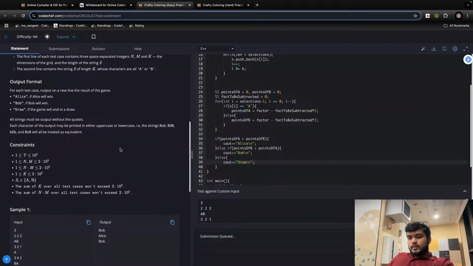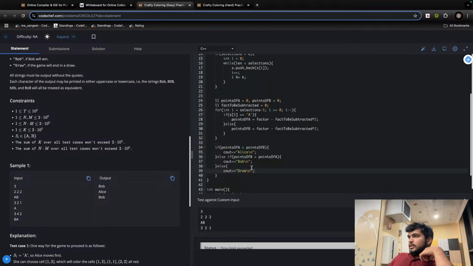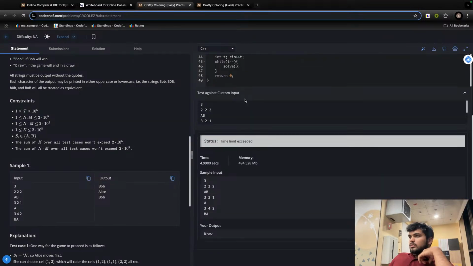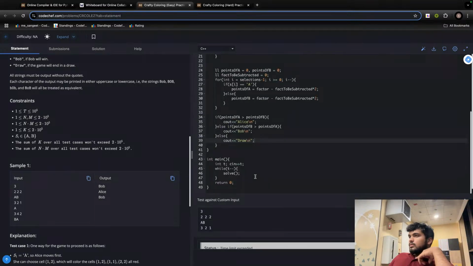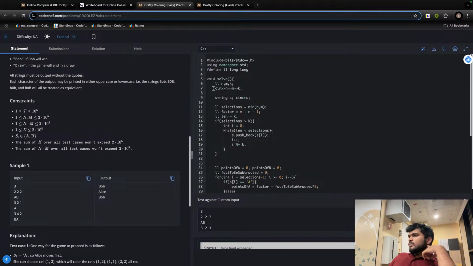Let's try to see if this is running. Why are we not? I think I have done some mistake. I'm taking three inputs. I'm taking a string as an input.